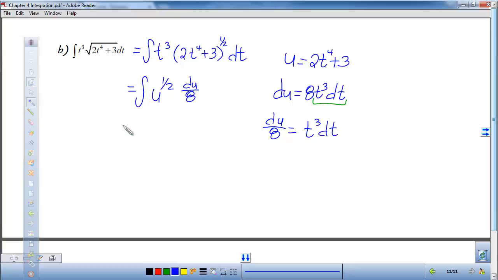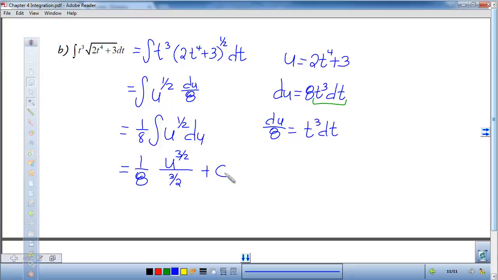But that's what we'll do here in our next step: 1/8 times the integral of u to the 1/2 du. And so what do we do? We add 1 to our exponent, so that's going to be u to the 3/2, and we divide by that new exponent, which would be the same thing as multiplying by the reciprocal.